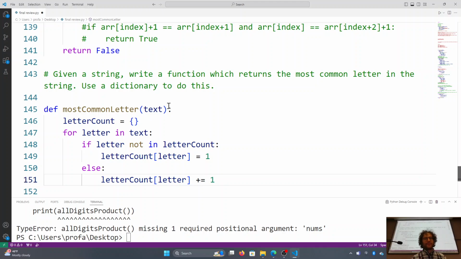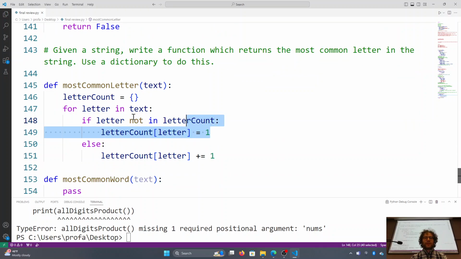And if you have seen it before, you want to increment it. By the way, it doesn't matter which order you do it in. If you do it in this order, if the letter's in letter count versus this, no difference. All I did was flip it over. It's no problem which one you do. They're equivalent. Although when I do the next one, I'm going to show off how else I can do this.